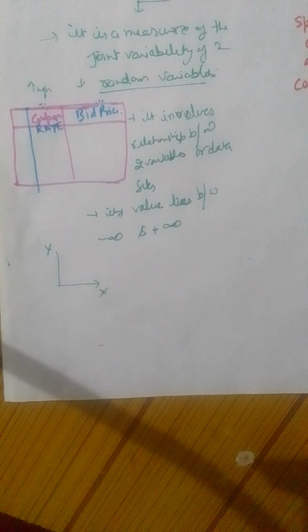For example, after checking the measurement of the variability of random variables of coupon rate and bid price, the diagram given by the AI model is like this, dot dot dot dot. And what is this dot dot dot?